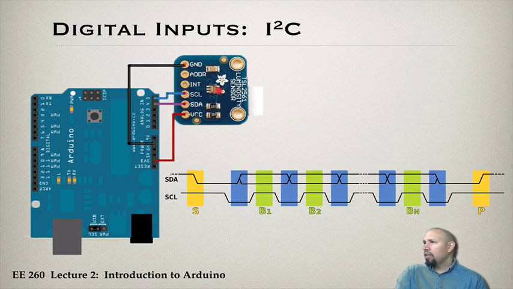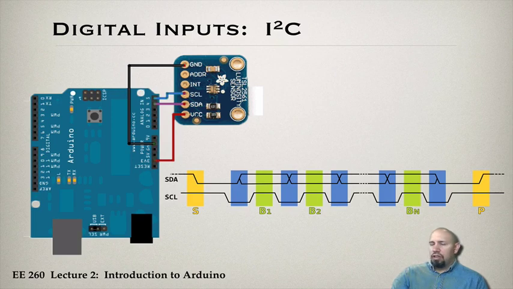And so with this communication, you send a string of bits, bit 1 through bit n. So there's a start bit, and then there's a stop bit associated with this. And so this is how the communication protocol goes for the I2C.